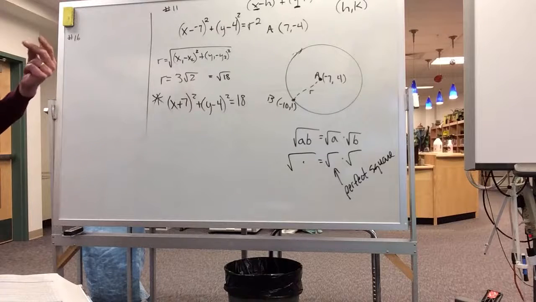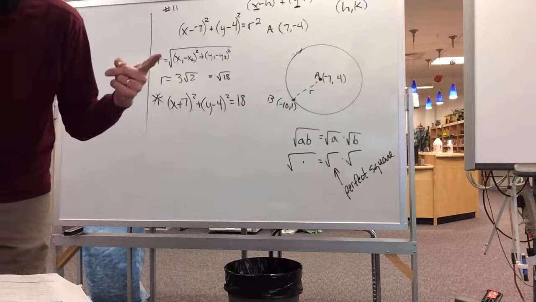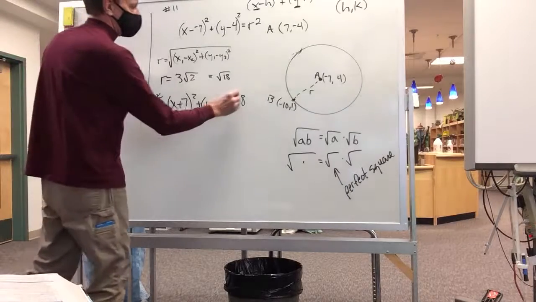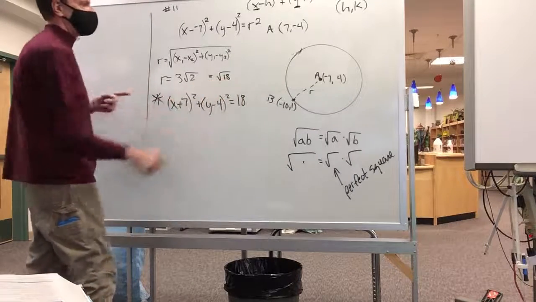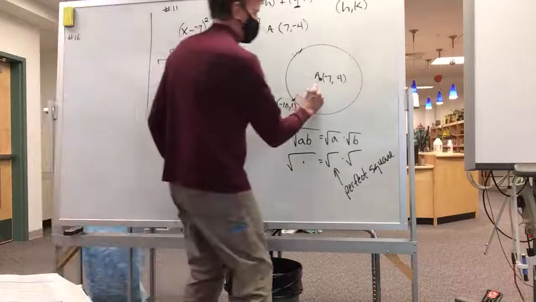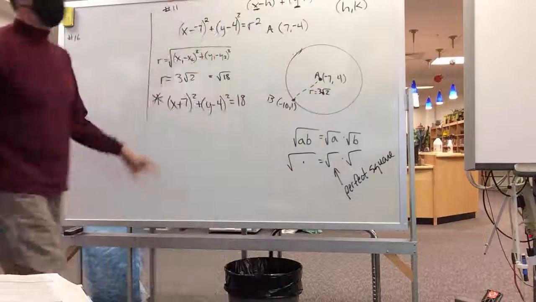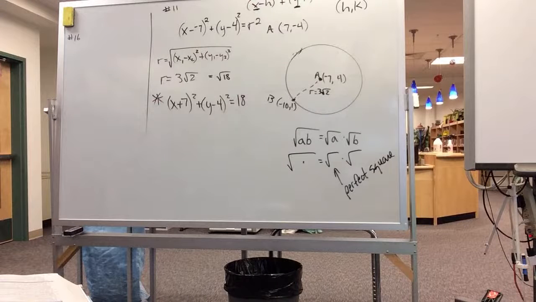Now, what was the second part of it? They were asking us for the exact circumference. So if the radius is root 18, or 3 root 2, what's the diameter? 2 times that.